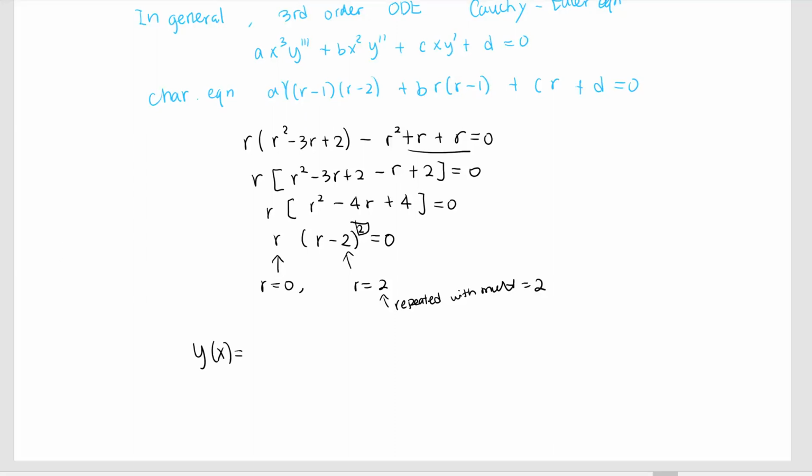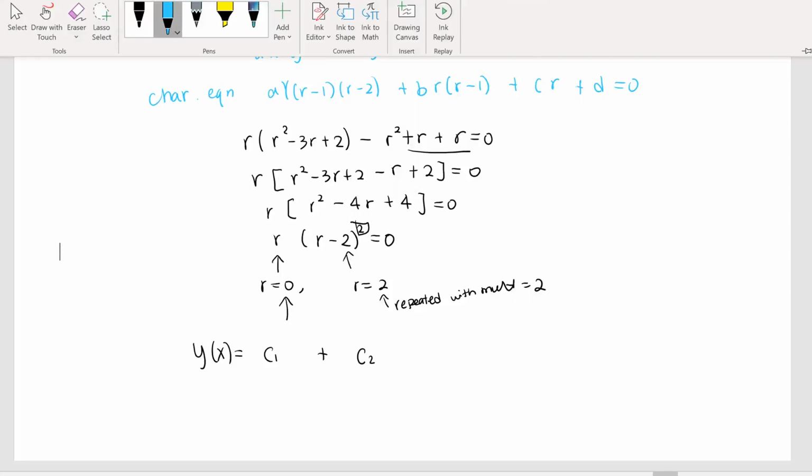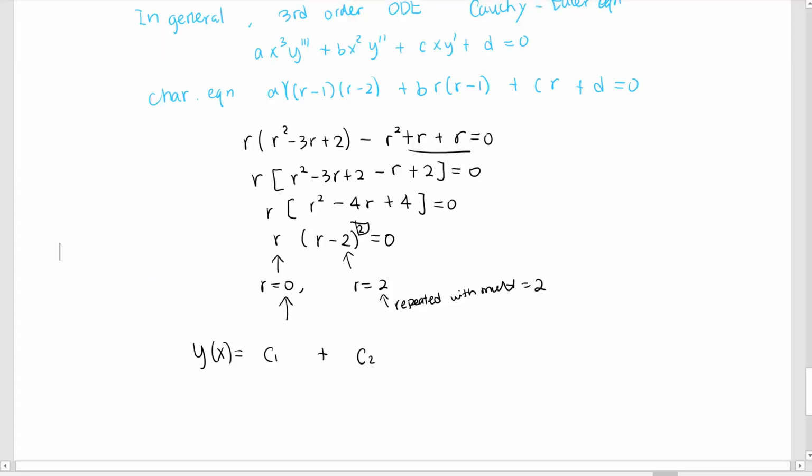So what is our final solution? This root corresponds to C1 x to the 0, right? X to the 0 is 1. So that's why the first term of our general solution is just the constant C1. And then we have C2. This root actually corresponds to 2 terms. Since the factor is squared, it corresponds to 2 degrees of freedom, C2 and C3.